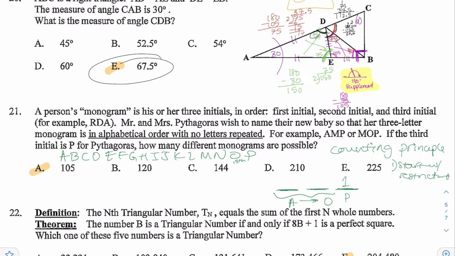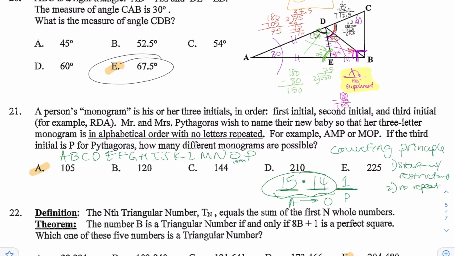So you'll have anything from this pair would be anything from 15 letters, and the second letter, because you can't repeat, you only have 14 letters to pick from for the next pair.